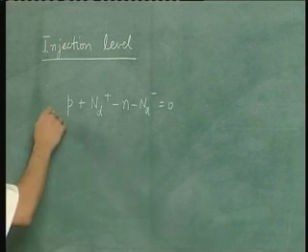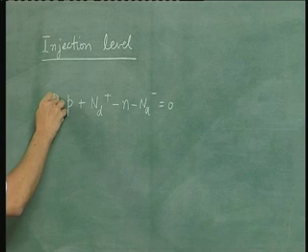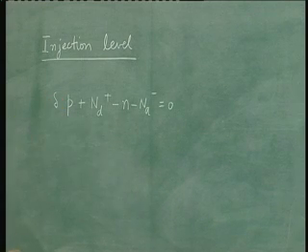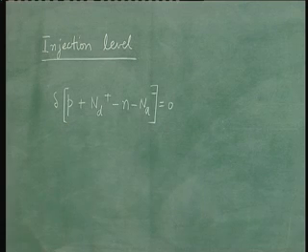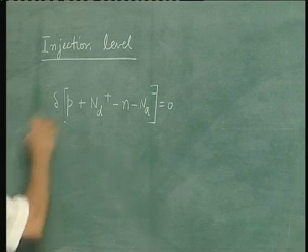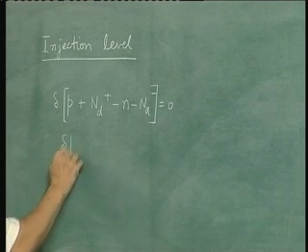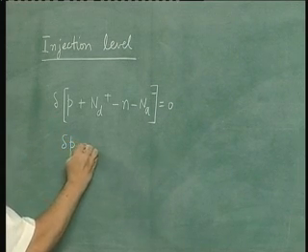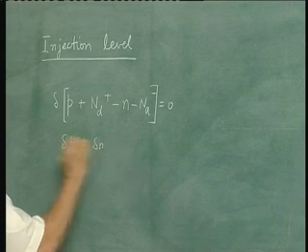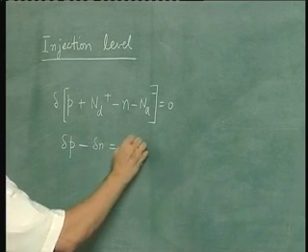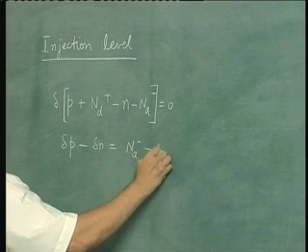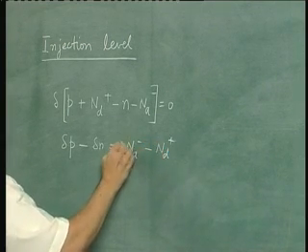Now if you create excess carriers, then the change delta should also be equal to 0. So therefore what it means is delta P minus delta N is equal to Na minus minus Nd plus, the change in this.